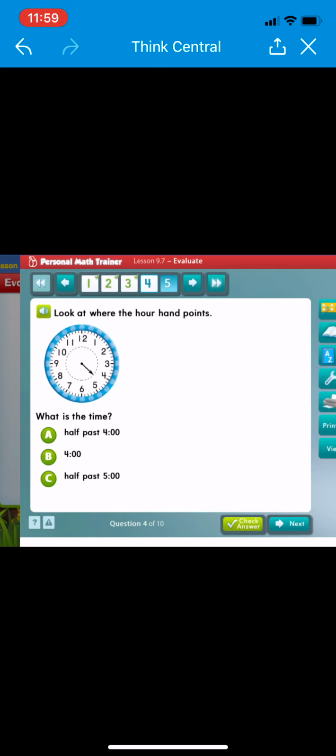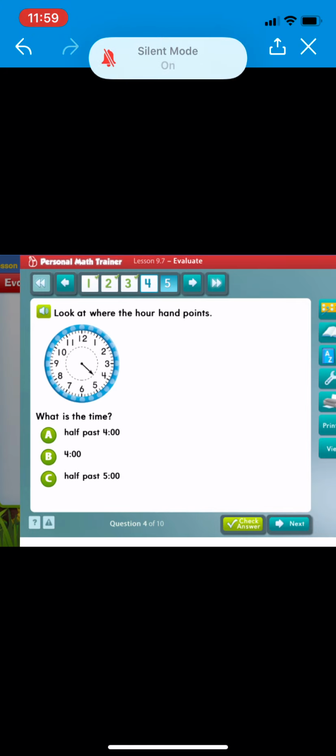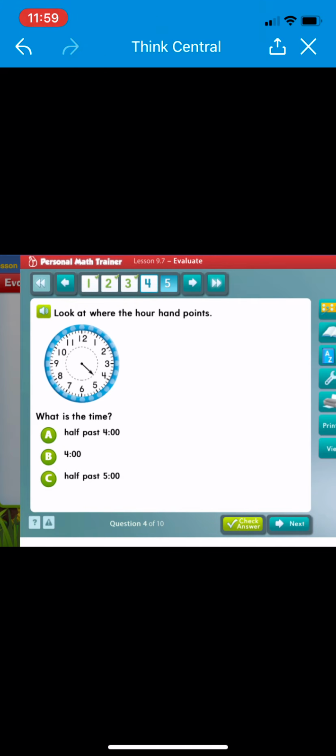Look at where the hour hand points. Awesome! Look at where the hour hand points.